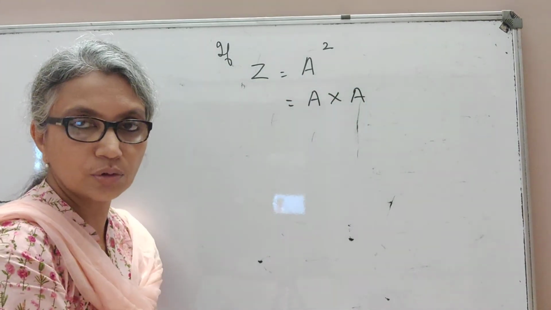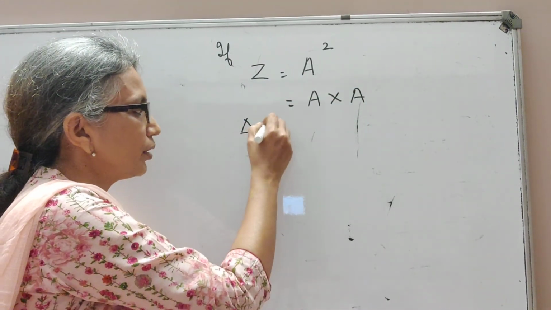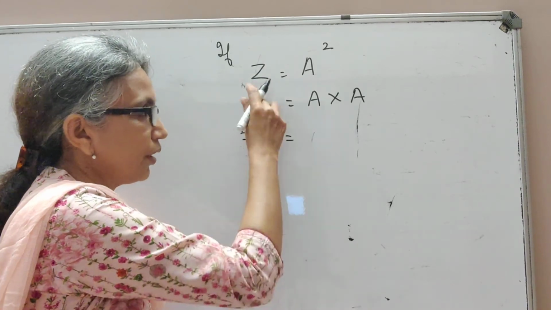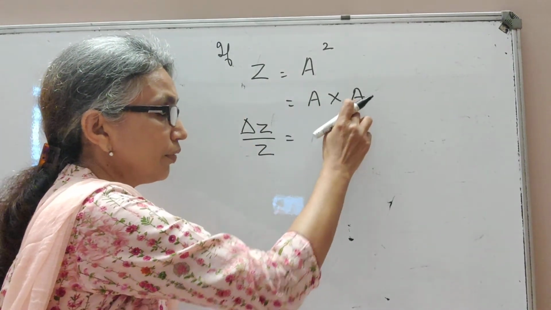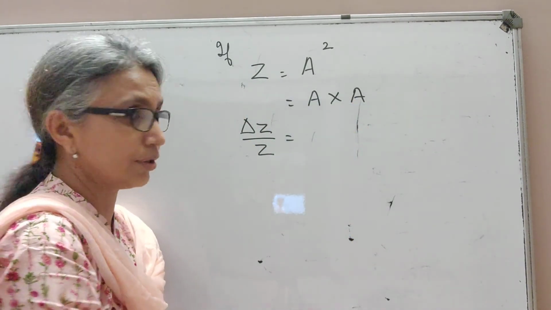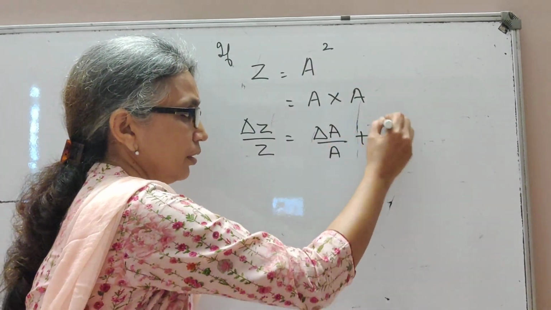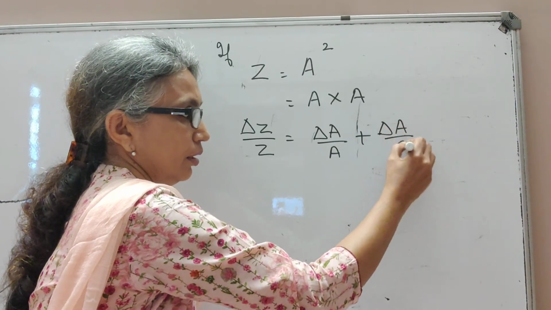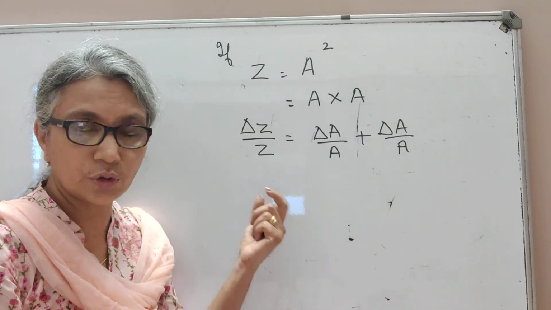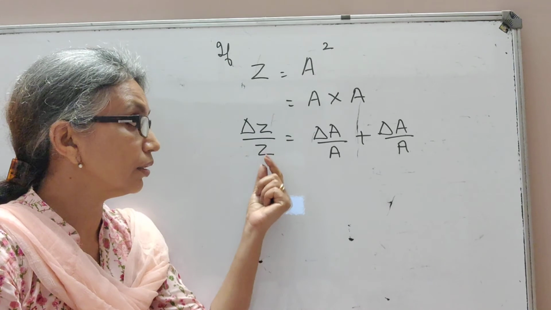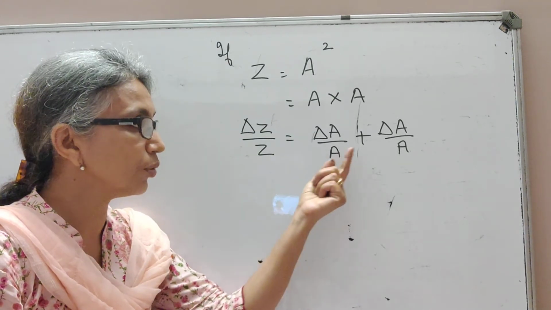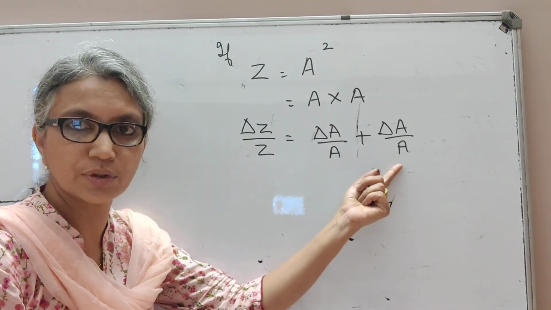So we already know when two quantities are multiplied, delta Z by Z, relative error in the result, must be sum of relative errors in the individual quantities. So this will be delta A by A plus delta A by A. Because we just derived that when you multiply two quantities, the relative error in the final result will be the sum of the relative error in the individual readings.